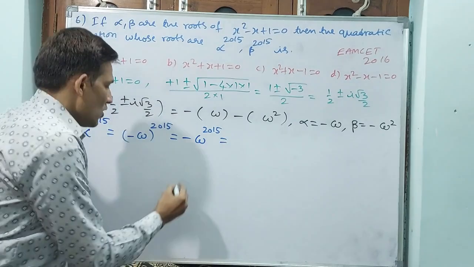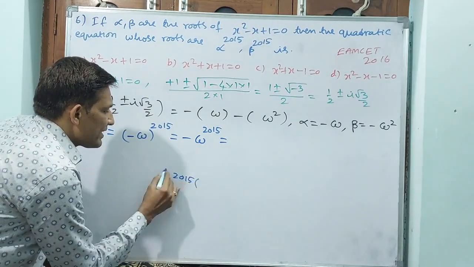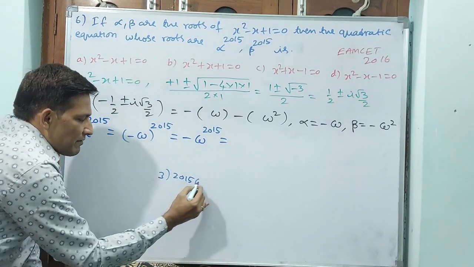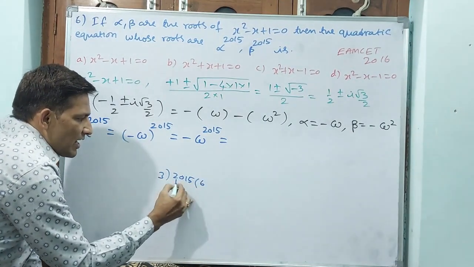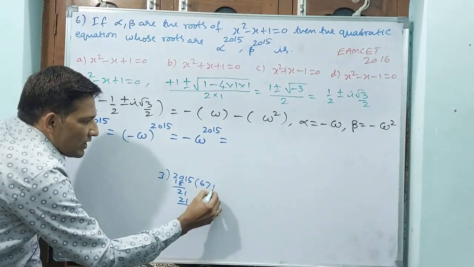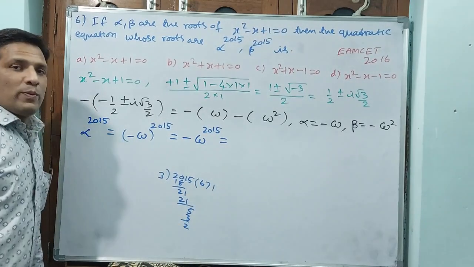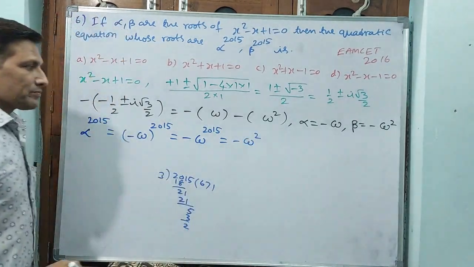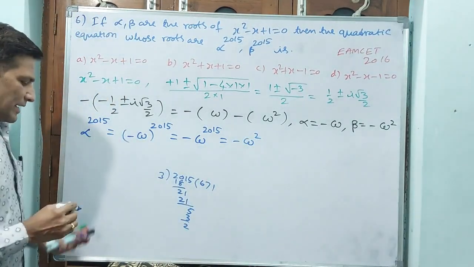You divide 2015 by 3, why? Because omega cube is 1. That is why I have to divide by 3. See, 3 6s are 18, 21. 3 7s are 21, 5. 3 1s are 3, 2. Minus omega square. Okay, let it be like this.